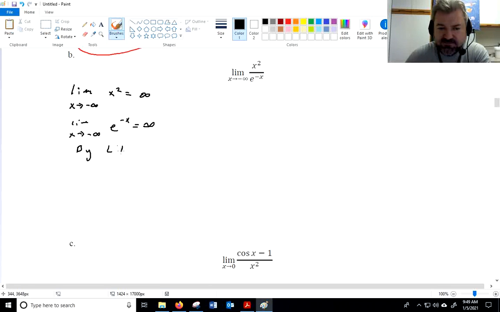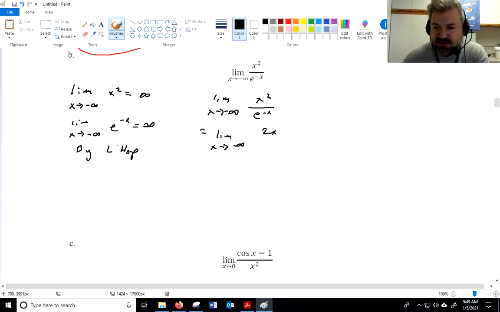So by L'Hopital's, or you can just say L'Hop, we can say that this limit here is equal to this limit here.